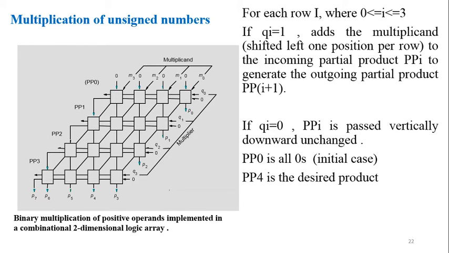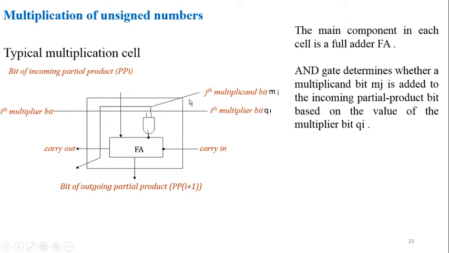So each cell performs a multiplication, an AND operation, then performs an addition of the previous partial product bit value with the result of the AND operation and the carry in value. Each cell looks like this. Each cell consists of an AND gate. The AND gate performs a logical AND operation of a particular multiplicand bit with a particular multiplier bit.